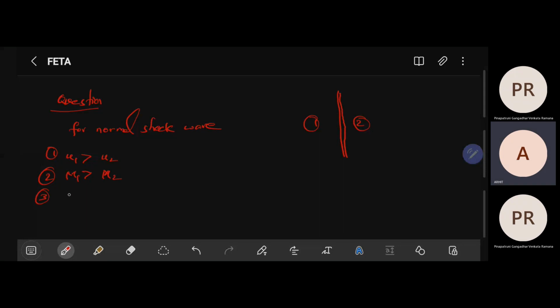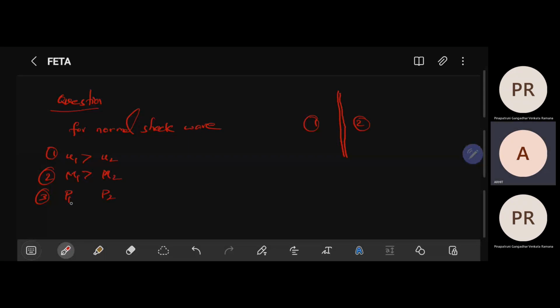Then static pressure, P1, P2. Sir, just a second. Pressure will decrease, so velocity will increase, that is, U2 must be greater than U1. I'm not telling anything. Which one is correct? P2 is greater or P1 is greater? I can change the symbol, greater than or less than.